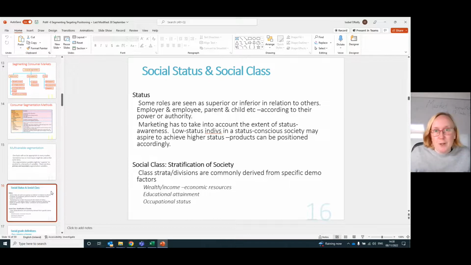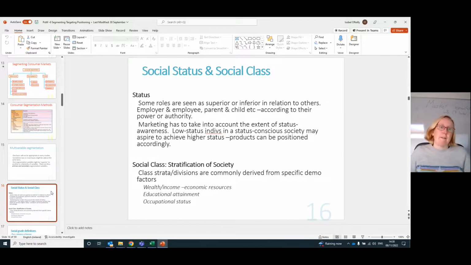And if that's news to you, then that's the way you should be treating that relationship. So marketing has to take into account the extent of status awareness. Low status individuals in a status conscious society may aspire to achieve higher status. And so then products can be aimed at or positioned.